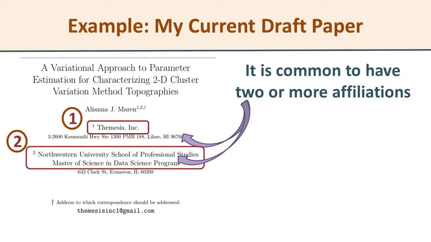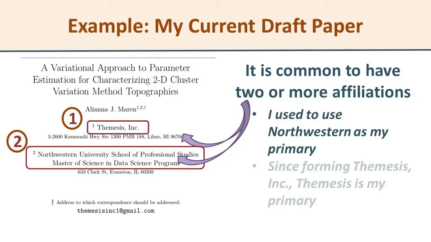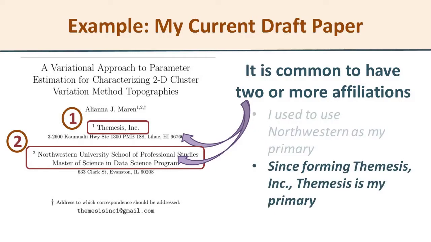So, folks, let's just close with a tiny little example. I'm again using my own paper that's still in draft formation. We're using this because I don't have to use somebody else's copyrighted material. So here we go. I've got two addresses that are being shown. One is for Themesis Incorporated, that's my company, and the other is for Northwestern.